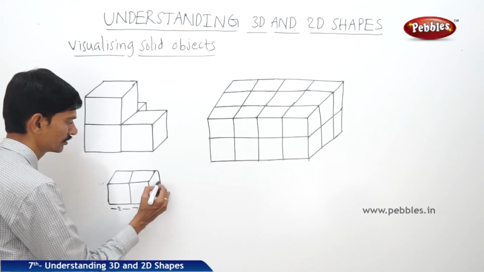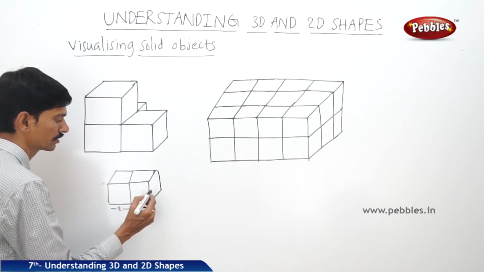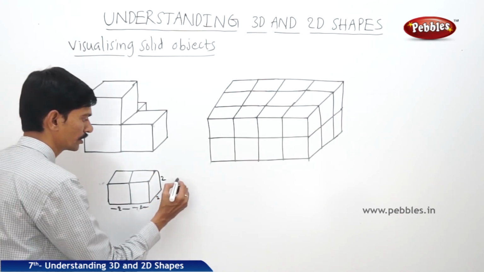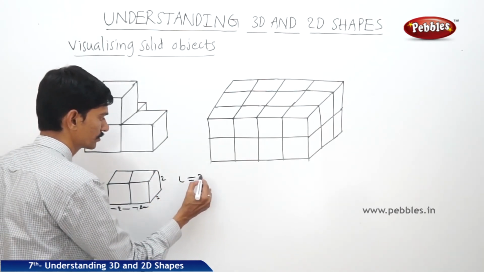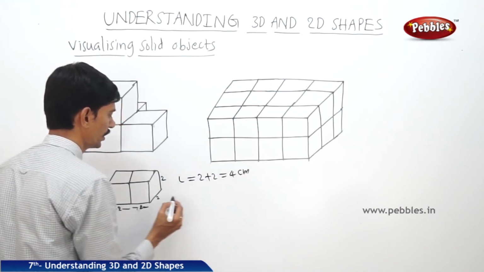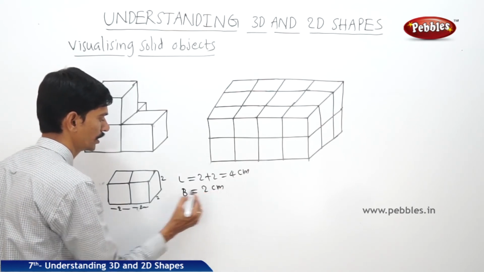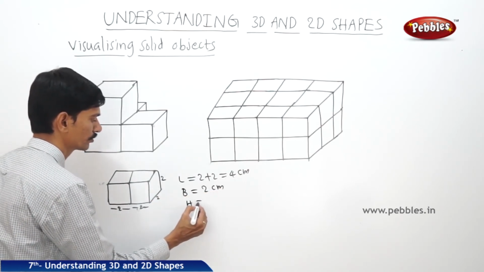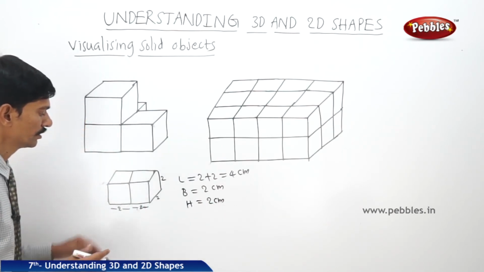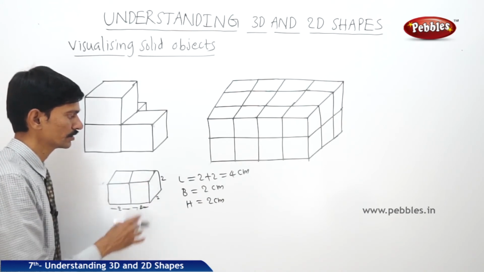Then what is the length of the cuboid so formed here? Now the length of the cuboid equals 2 plus 2 equals 4 centimeters, and breadth is the same, 2 centimeters, and height also the same, 2 centimeters. So only the length of the cuboid will be changed. This is the sum of the lengths of the 2 cubes in the cuboid.